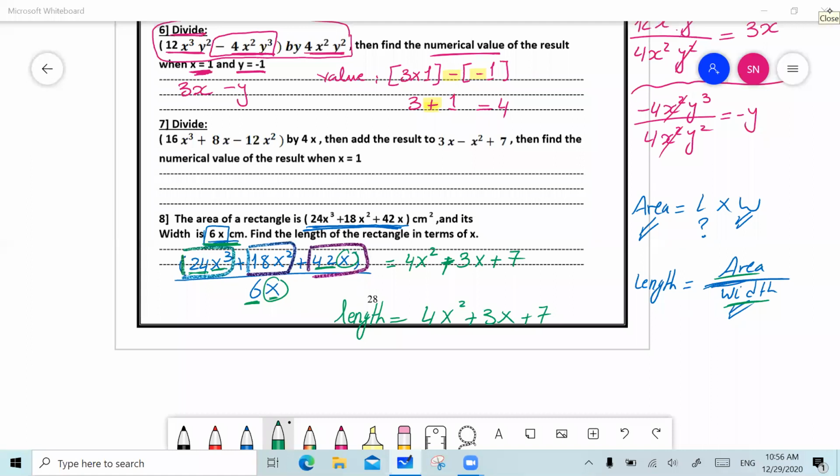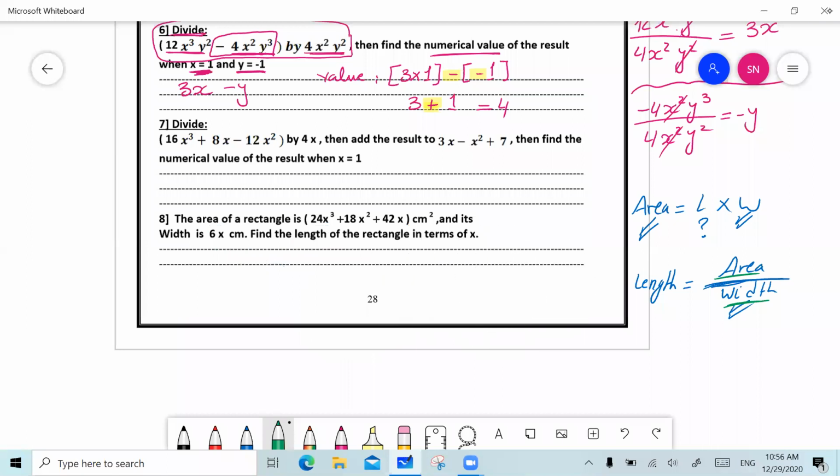Again, I'm going to repeat question number 8. I know that the area of the rectangle is equal to length times width. So when I have the area and I have the width given to me, he told me that the area is 24x to the power of 3. Yani the area is this expression.